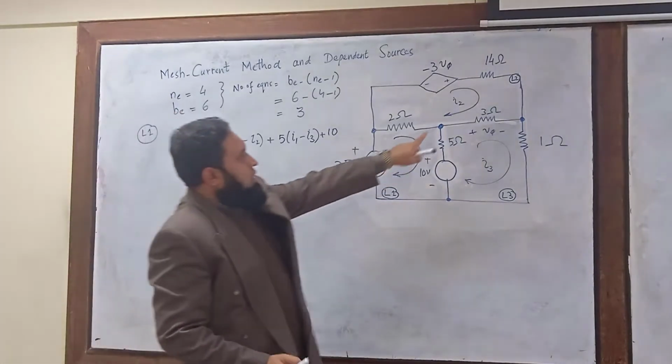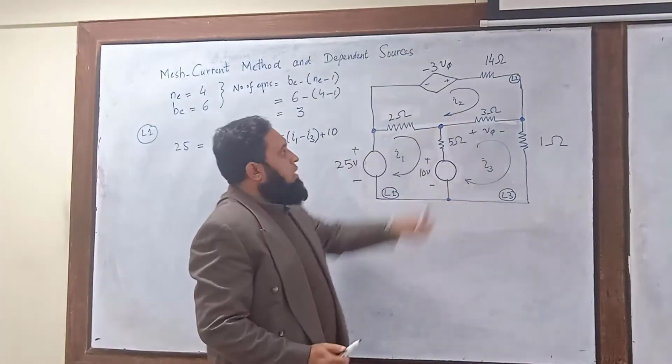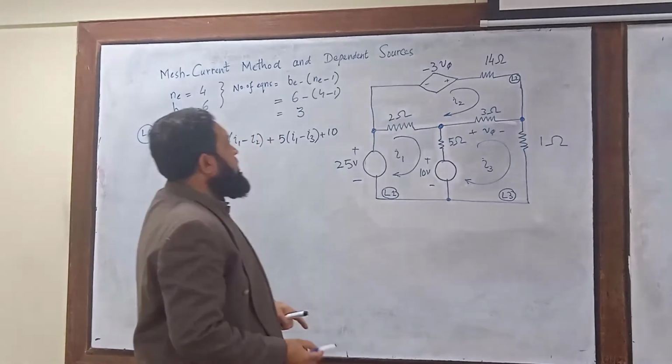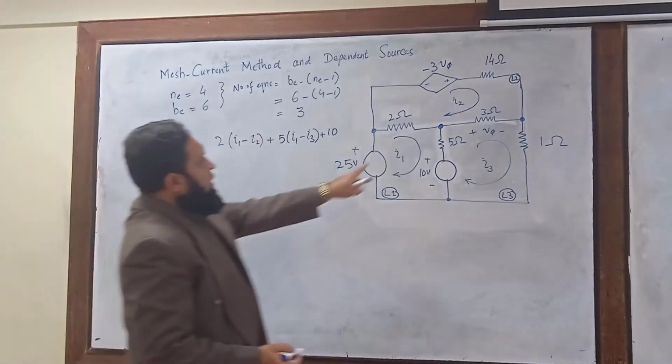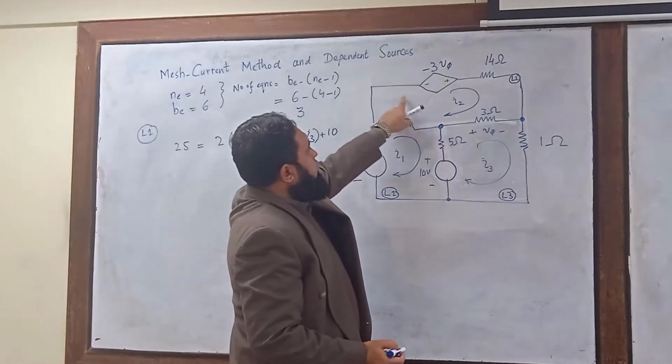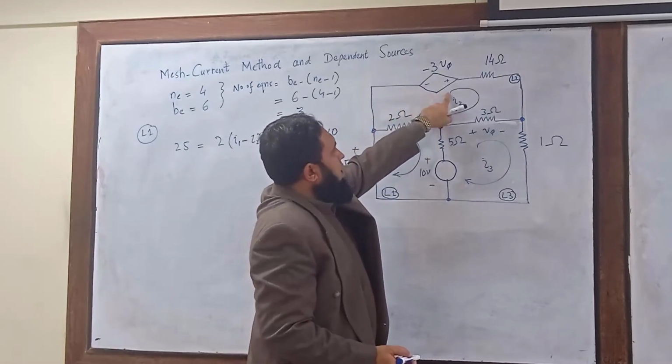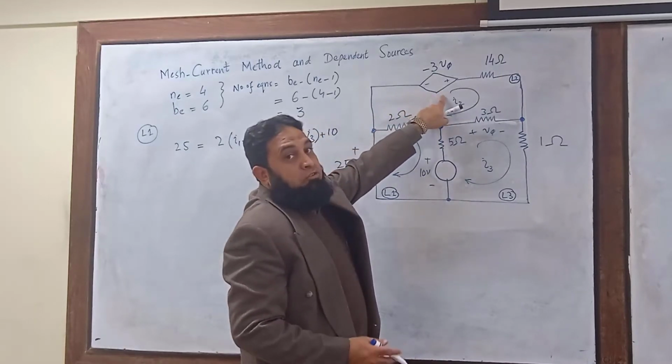Similarly, considering loop number 2, applying KVL to this loop. Considering the direction of I2, when I2 is moving like this, this is a voltage rise.